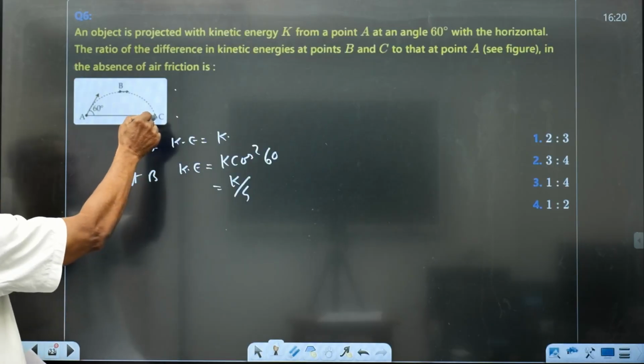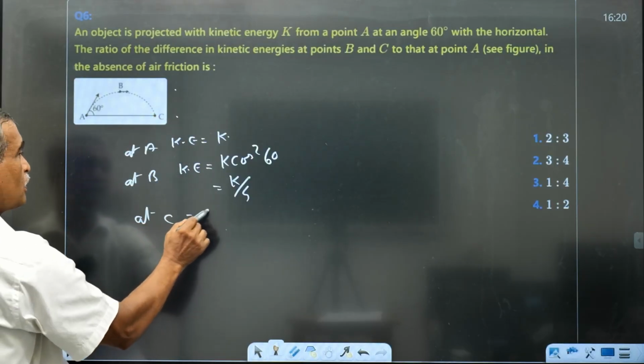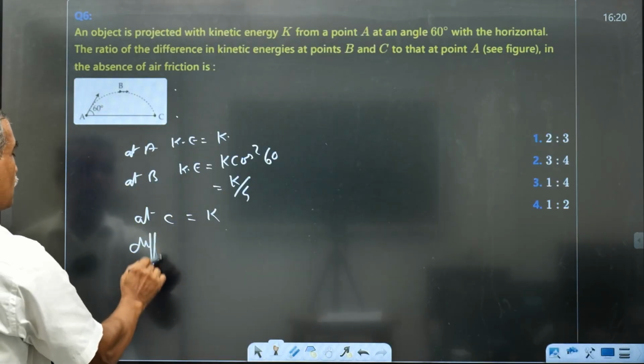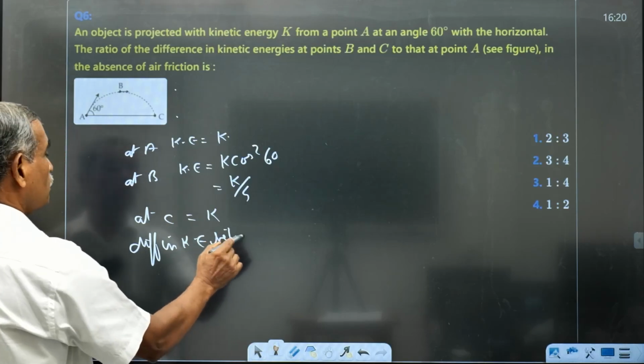And reaching C, again it is equal to K. So what is the difference in kinetic energy between B and C?